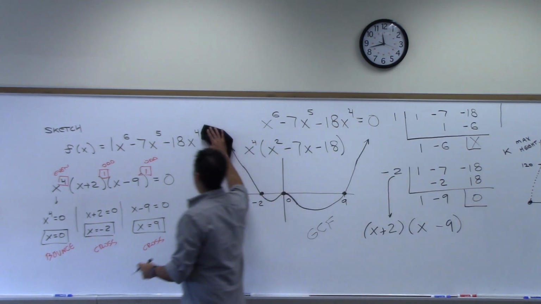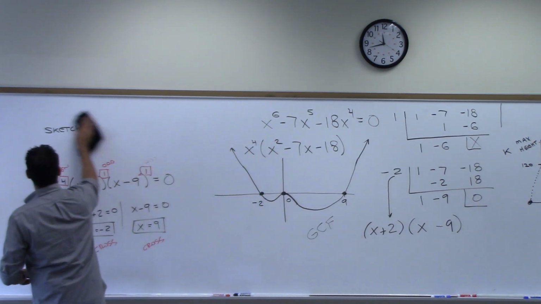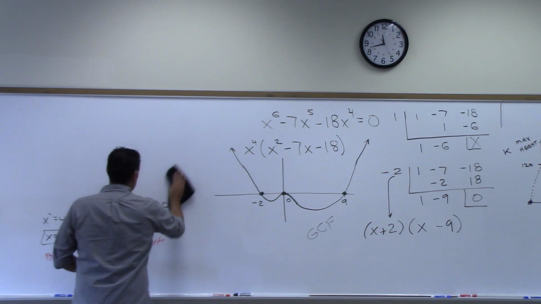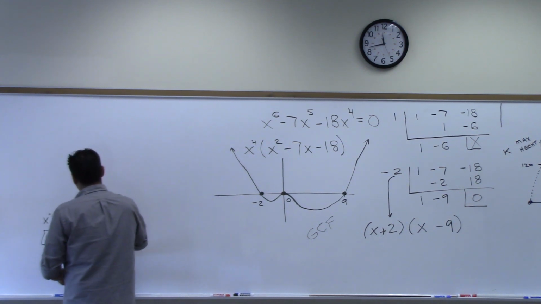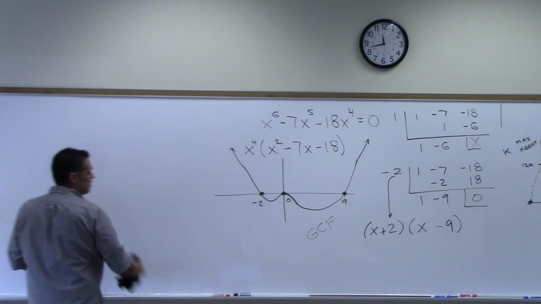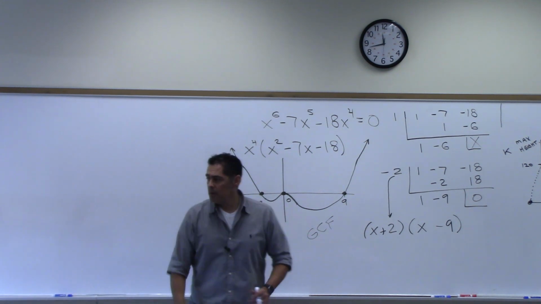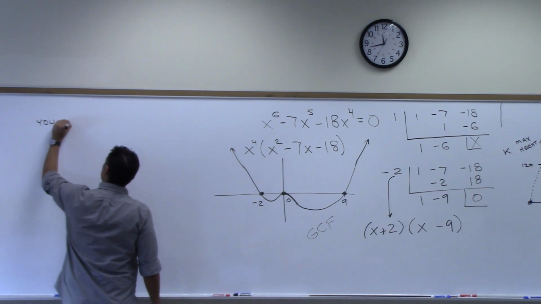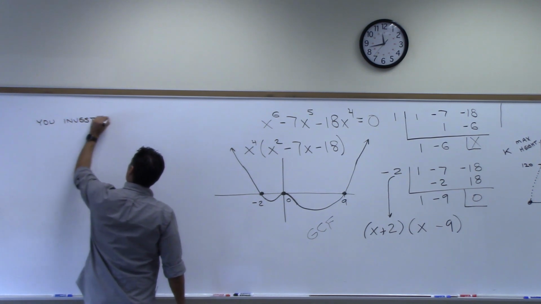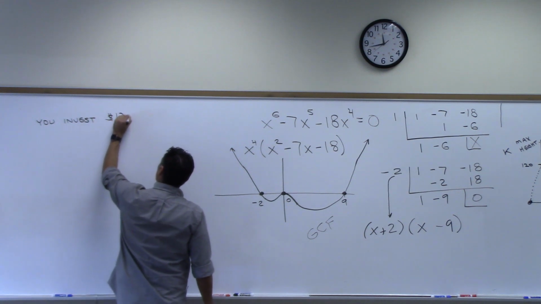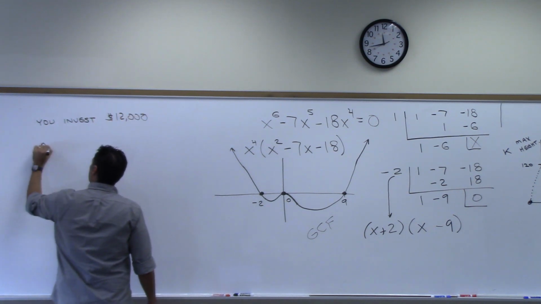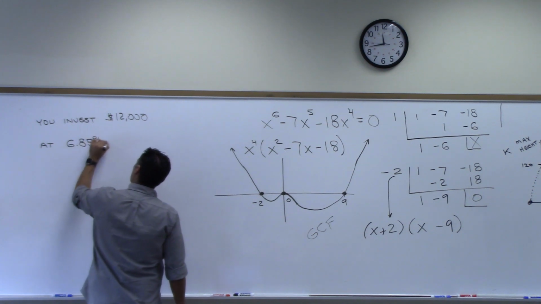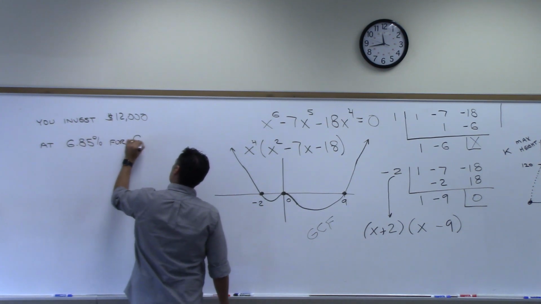Yeah, so the next one I think is going to be a good problem for you because you all did well on this problem. This is the simple interest problem where you put money in the bank for a certain amount of time, figure out how much is there at the end. So let's say you invest $12,000 at 6.85% for 6 years.